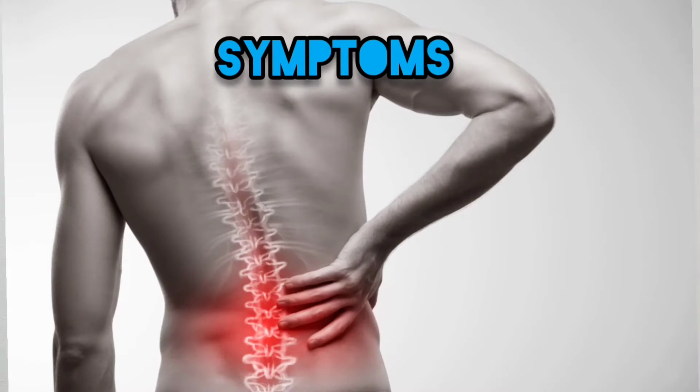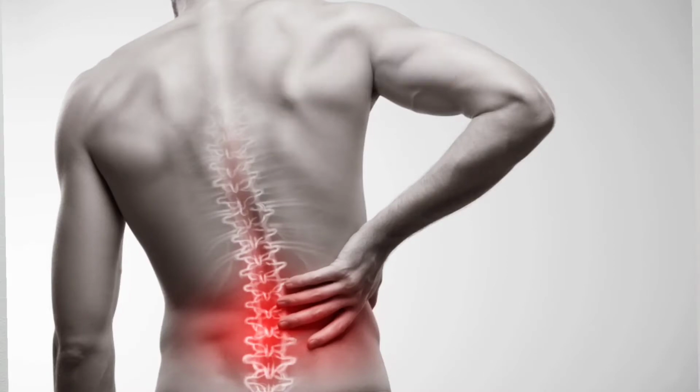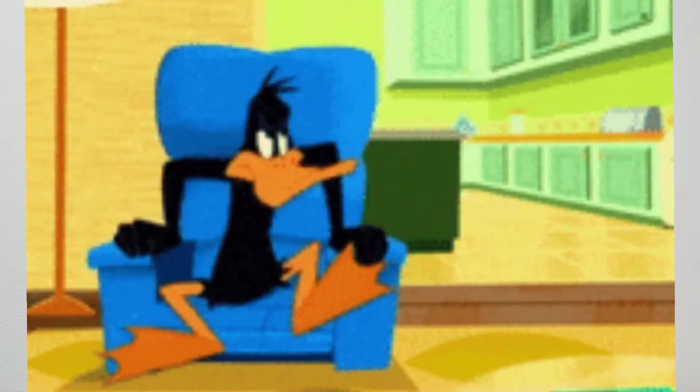Some of the symptoms associated with a bulging or herniated disc in the low back include pain while sitting. Now, sitting exerts a tremendous amount of pressure on the low back, and when you sit down, a herniated or bulging disc can become even more pronounced and increase the irritation to your low back.